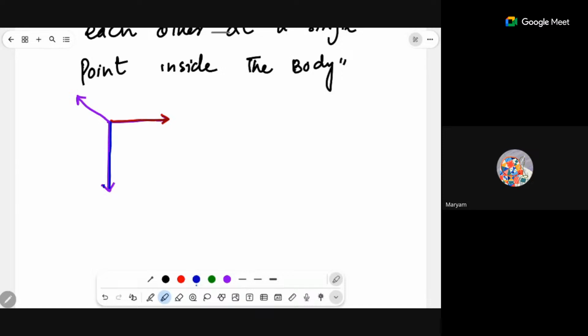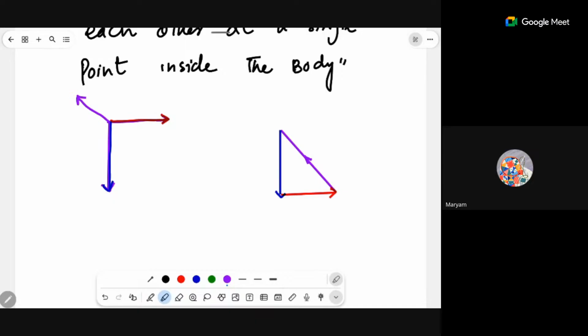Let's say this is blue. Blue can be on that side, right? The red one will be on the head of this without changing the direction and magnitude. And this purple will be on the head of this without changing the direction or magnitude.